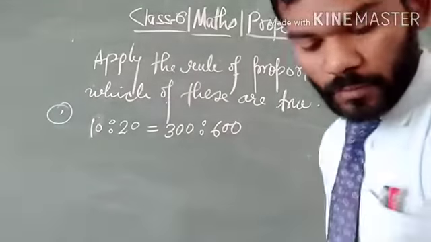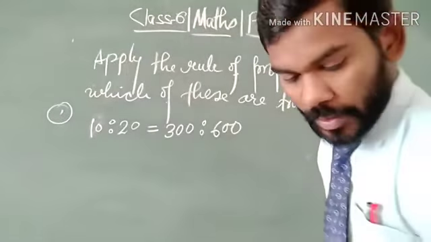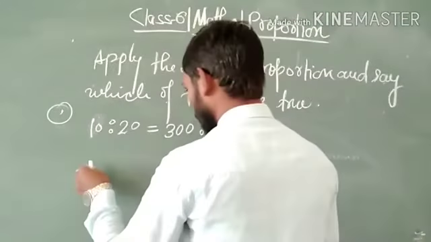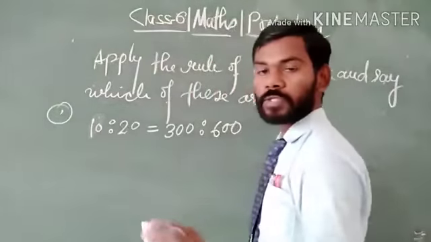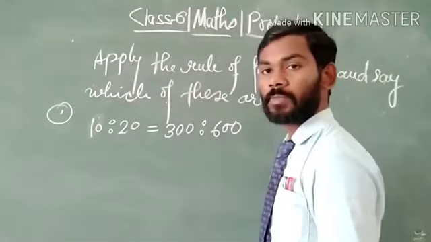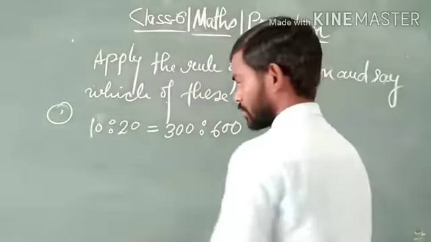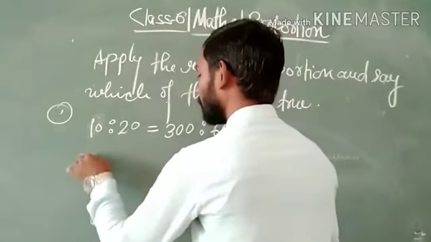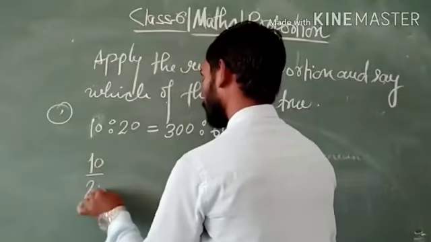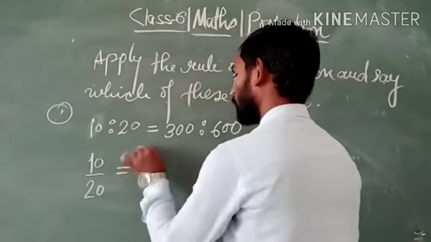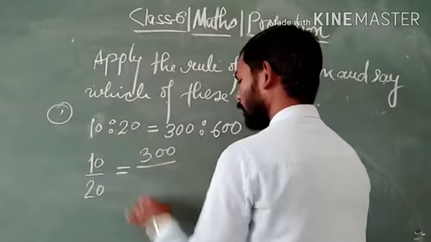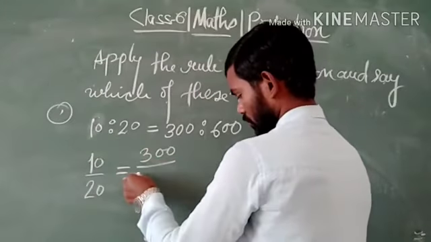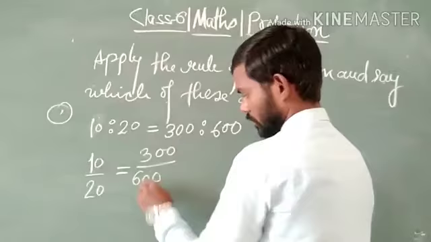So here, first of all, we write them in the form of fraction. So here we have 10 upon 20 is equal to 300 upon 600.